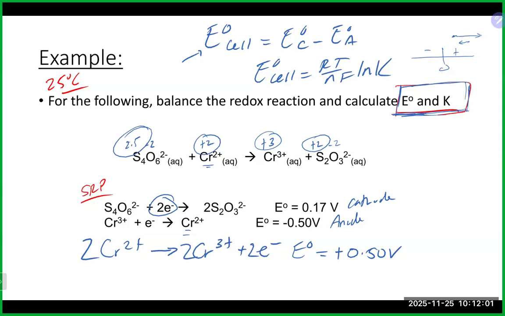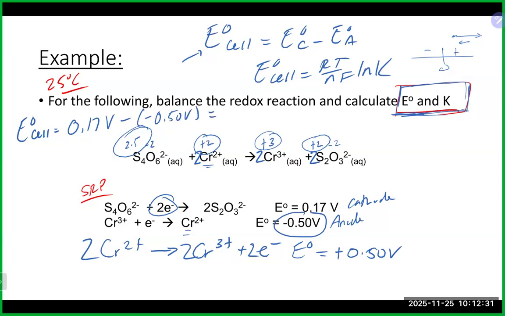So in this case, we'll calculate our E of the cell. I could throw some numbers up here, 2 and a 2 and a 2. That's going to be our cathode, which is 0.17 volts. I'm going to subtract, so I'm using the SRP value without changing the sign. Obviously, if you change the sign like I did below it, you should add these numbers, as we talked about a number of times.